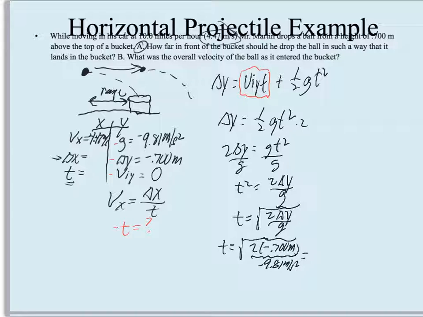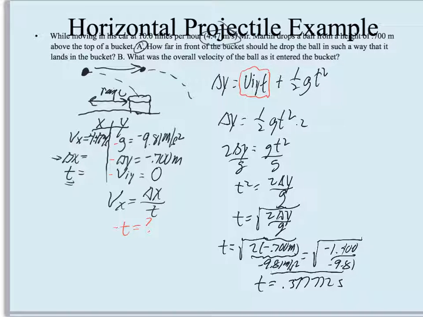And I end up with t equals the square root of negative 1.4 over negative 9.81. And that ends up giving me a value of 0.377772 seconds. So that ball is going to be falling for 0.37772 seconds towards the bucket.